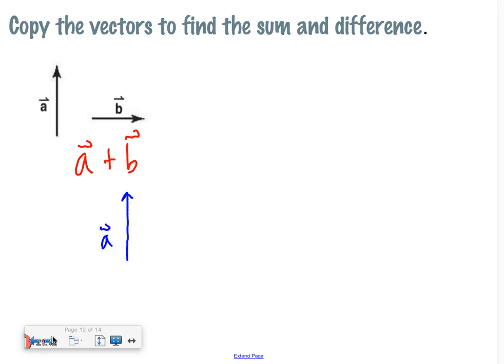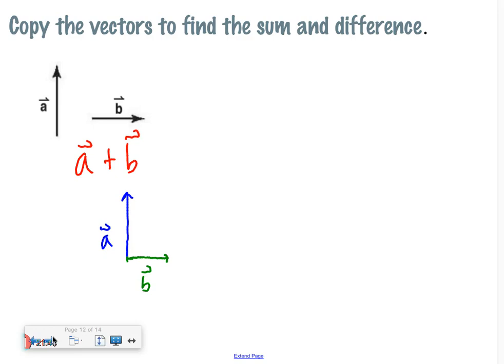So there's my vector A. Now I'm going to add vector B. So I'm going to start in the same place I started with A and just draw B. So I'm going to draw B from here. Now this is called the parallelogram method.